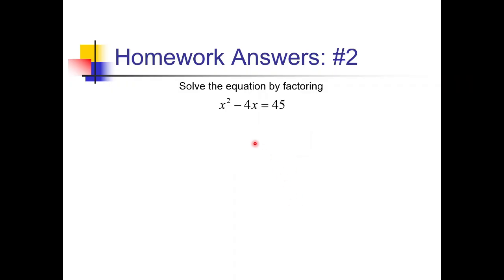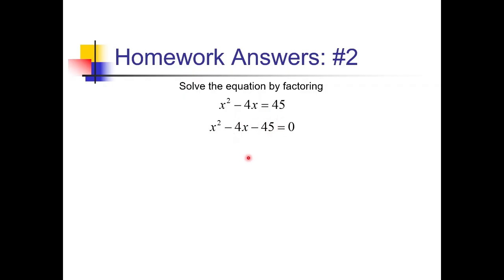To solve this equation by factoring, I first need to zero out the equation to use the zero product property. So I'm going to subtract 45 from both sides to get that 0 on the other side. And now, since I've got just a value of 1 here, we're just going to figure out numbers that multiply to negative 45 and add up to negative 4.